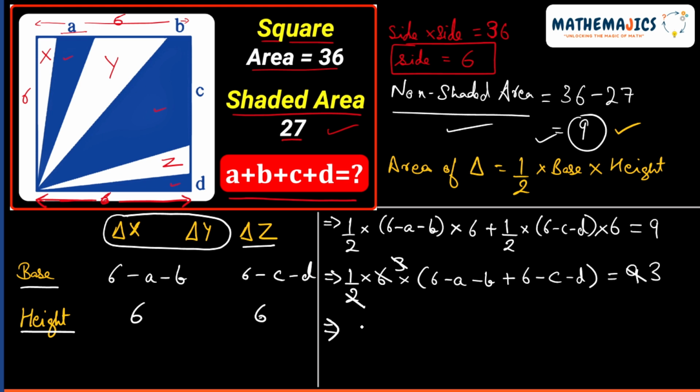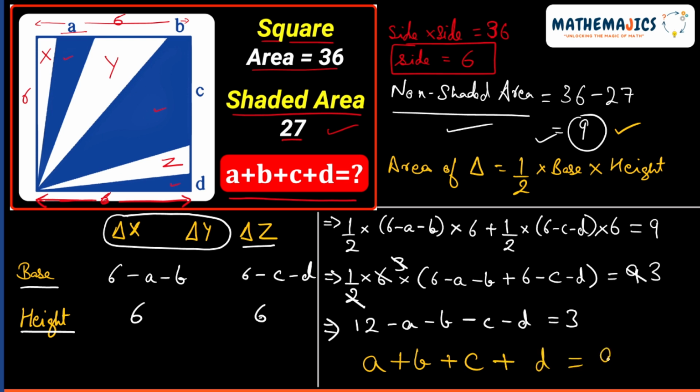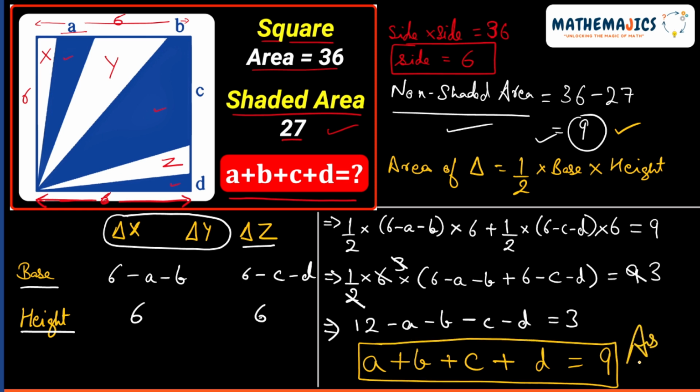Now, if we simplify this further, we will be left with 12 minus a minus b minus c minus d equals 3. So this will give us the final answer, that is a plus b plus c plus d equals 9. This will be our final answer. The sum of a, b, c and d is 9.